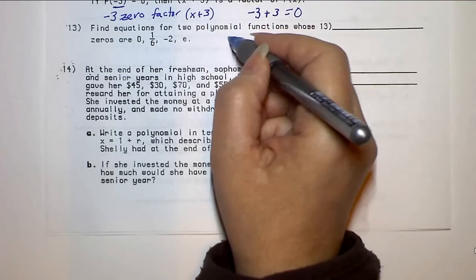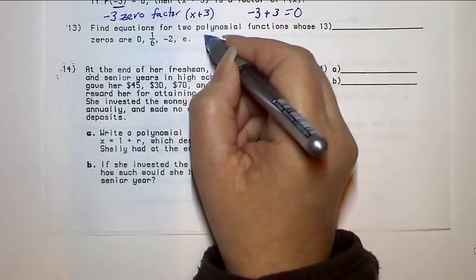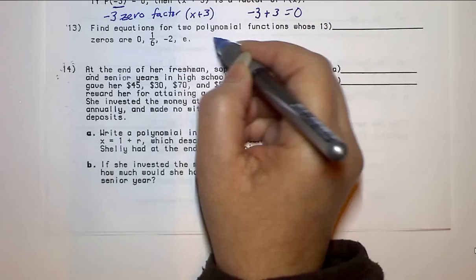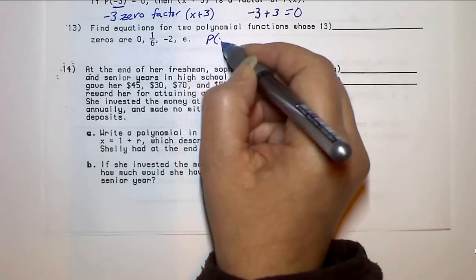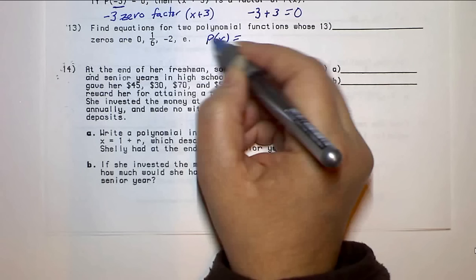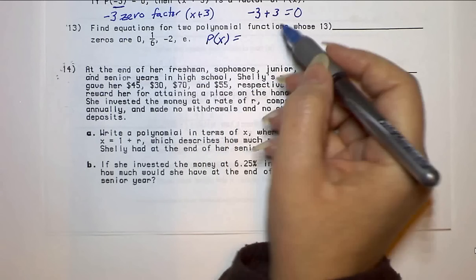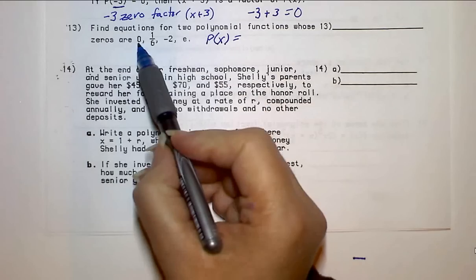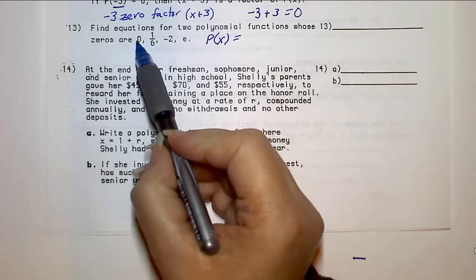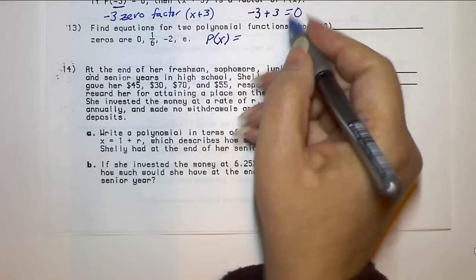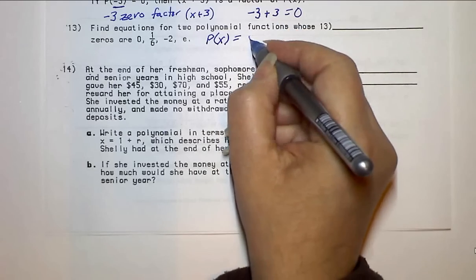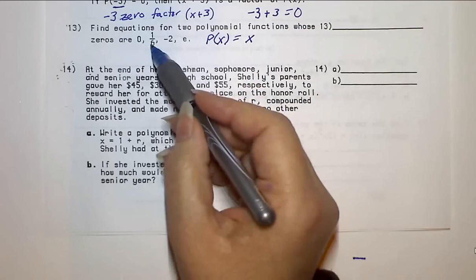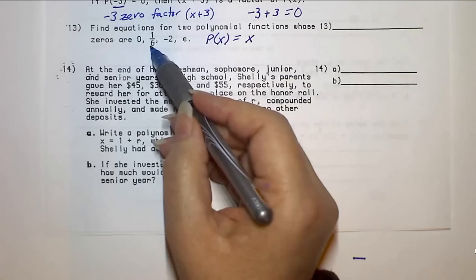A polynomial function, remember, is always going to be something like p of x equals something, or s of x equals something. So if 0 is a zero, what's my factor? x. If 1/6 is a zero, what's my factor?